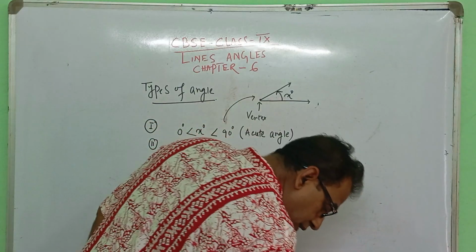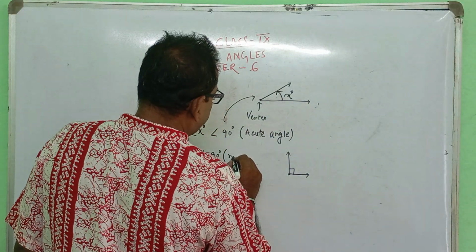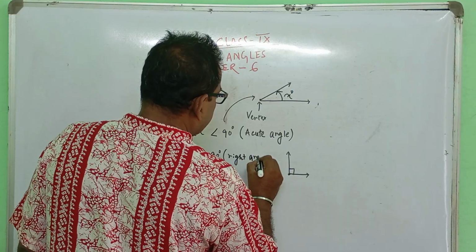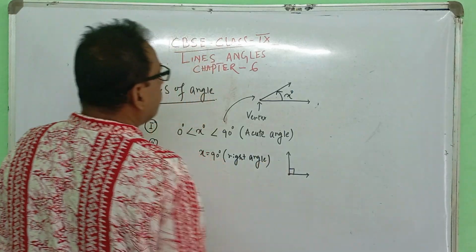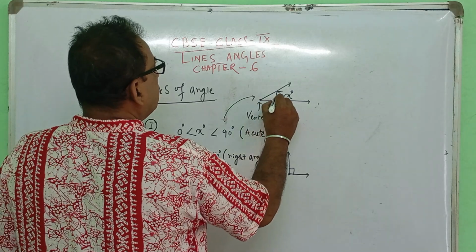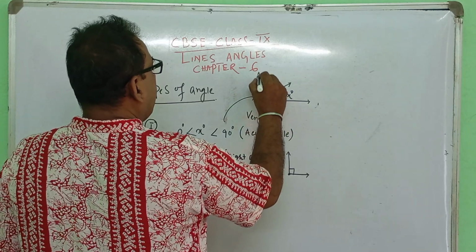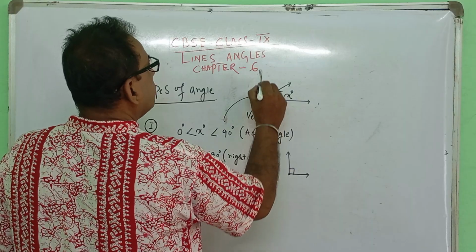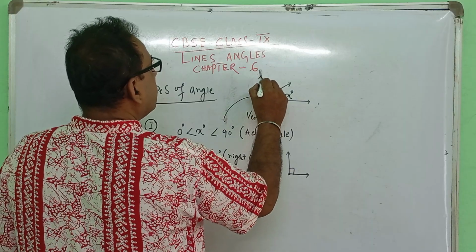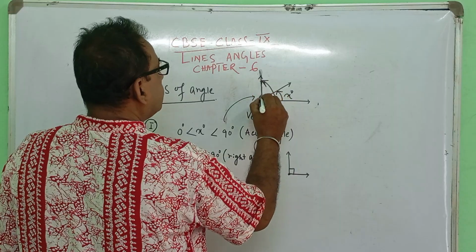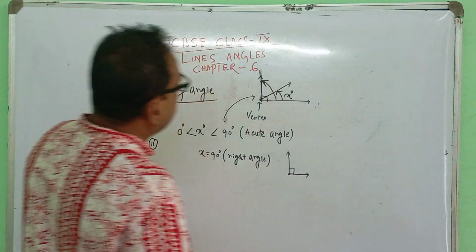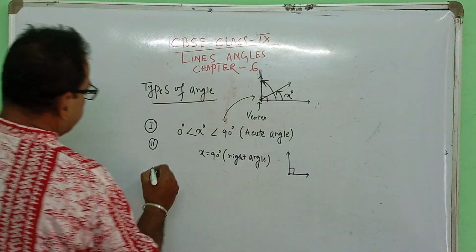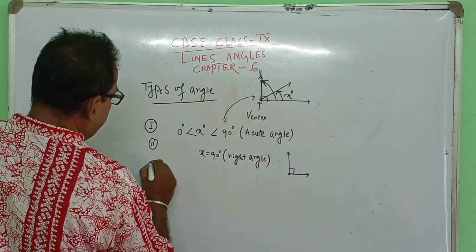Now this is called right angle. That is, these will move to that extent, and that is a right angle. Clear? The second thing is complete.